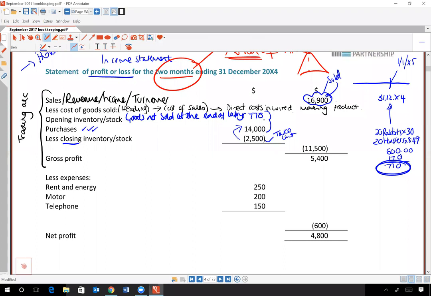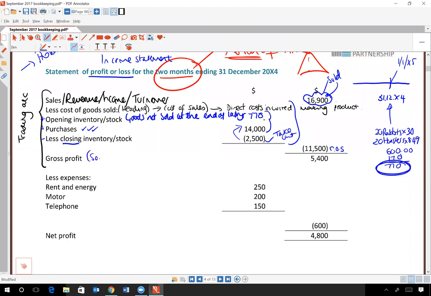But what I can then do is sum up my opening inventory plus my purchases, so plus take away my closing inventory to give me my cost of sales. So that will give me my cost of sales. I deduct that from my sales.